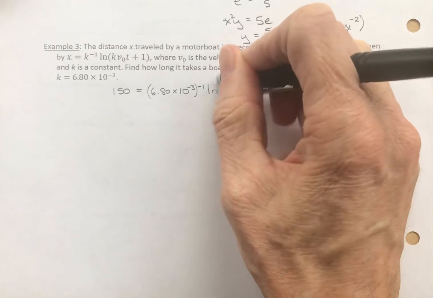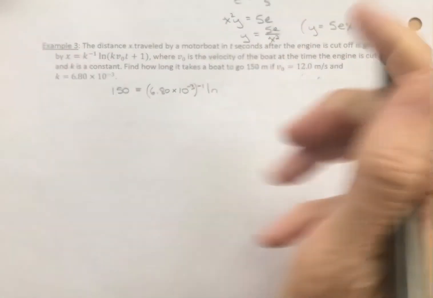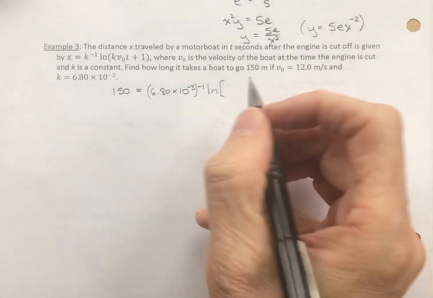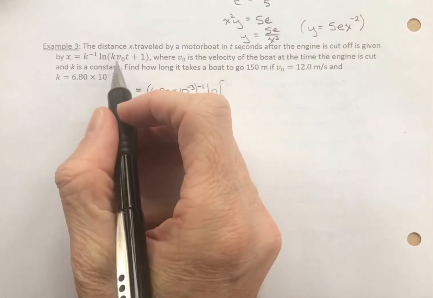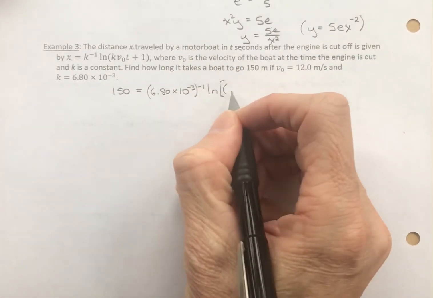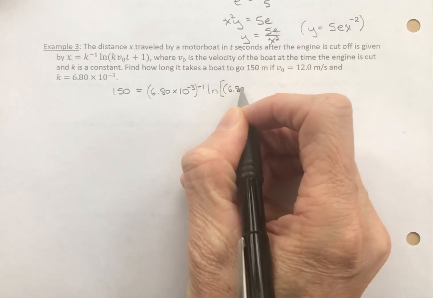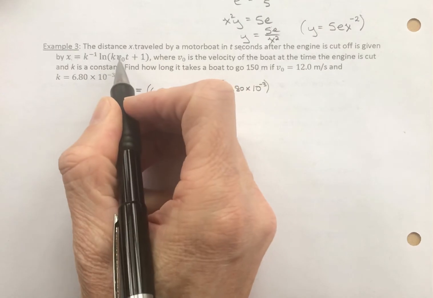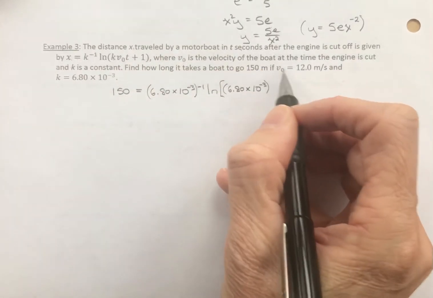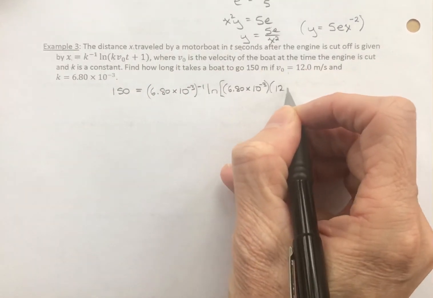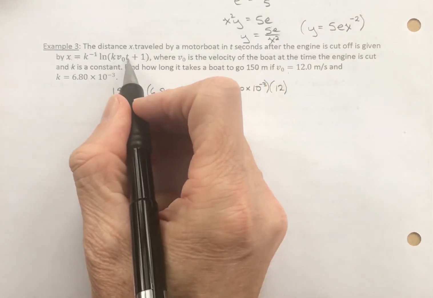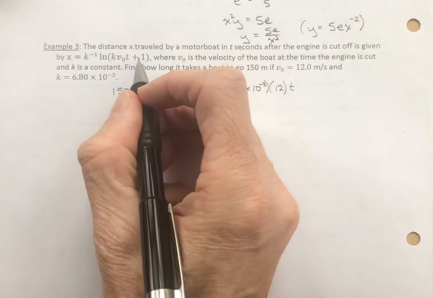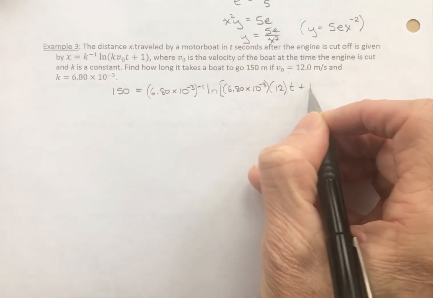Okay, I'm going to use brackets to make it look a little cleaner and more structured. K is this 6.80 times 10 to the negative 3 times v sub 0. V sub 0 is 12 times t. Well, we're looking for t, so t is our unknown. And then we have a plus 1 here.